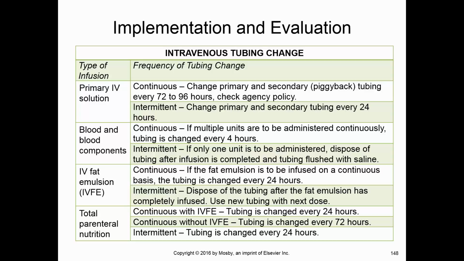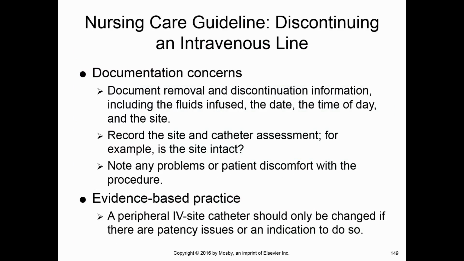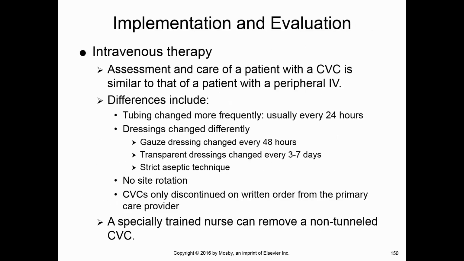IV with fat emulsion needs changed every 24 hours. TPN needs changed every 24 hours. If it's without the fat emulsions, it can go up to 72 hours, okay? So depending on what you're running, make sure you check your hospital's policy and document, okay?